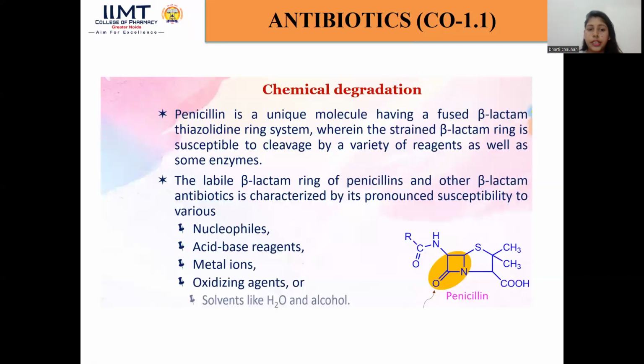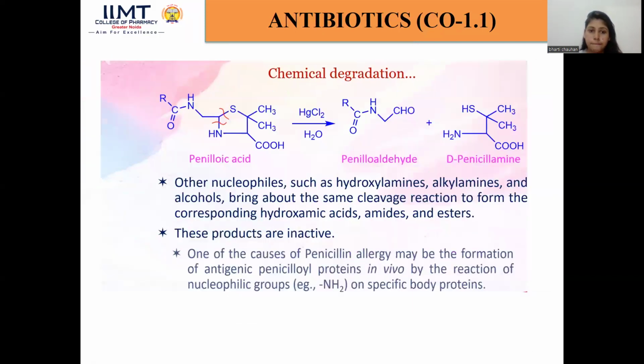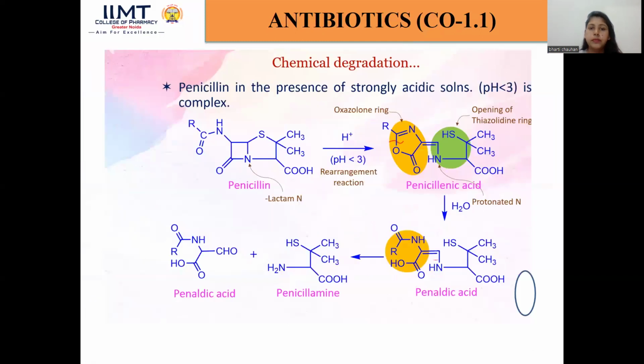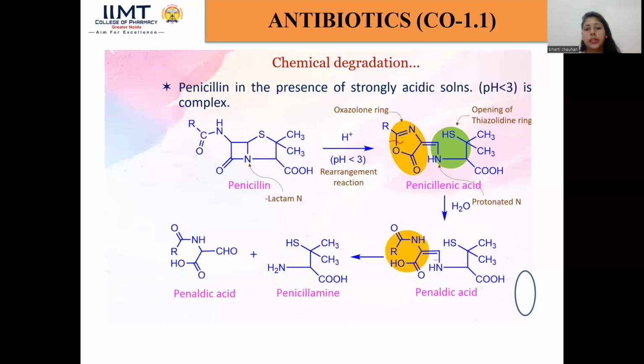So, about the chemical degradation of penicillin, here you can see, first, when we react penicillin in acidic solution, it degrades into penicillenic acid, and the beta-lactam ring is broken down here.